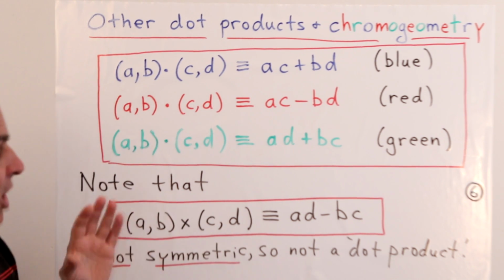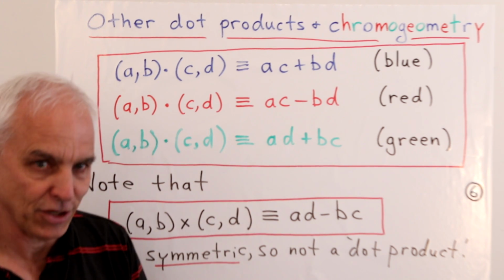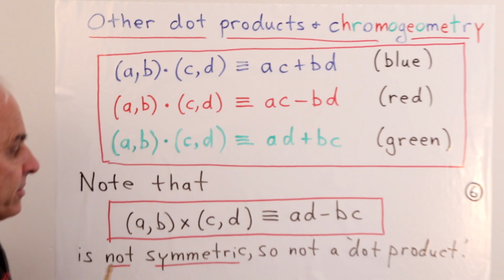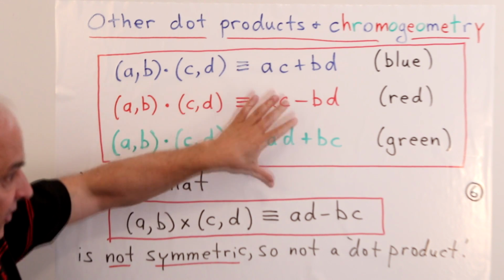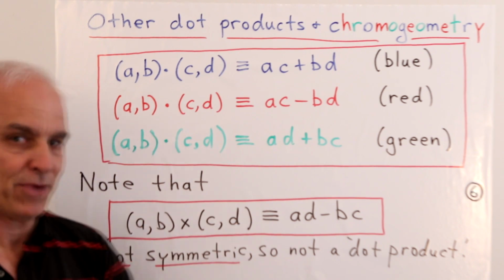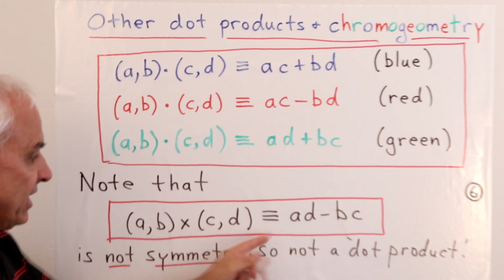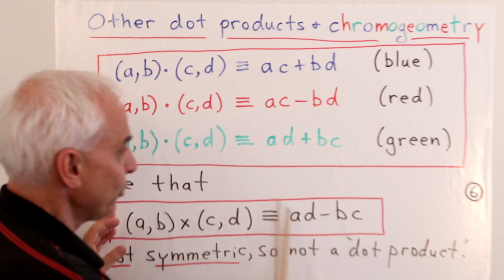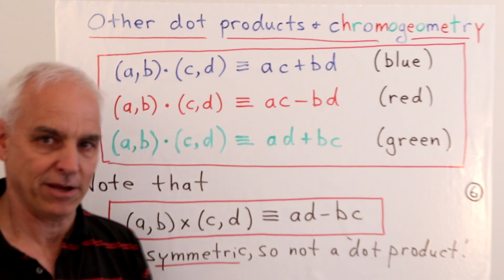There are a lot of reasons to be a little bit wider in our understanding of geometries, and in this planar situation, it's a good place to start. I also want to compare, on the same page, this other product that we have. The cross product, which I remind you is AB cross CD, is AD minus BC. This looks a lot like these ones, but it's fundamentally different from these three.